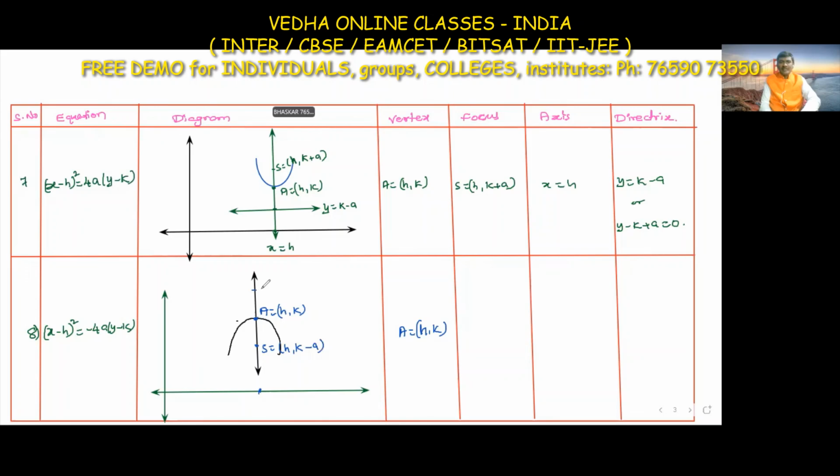And here the line is the directrix, y equals k plus a. That means the vertex is (h, k) and the focus S equals (h, k minus a), and what about the axis here? The axis is x equals h.